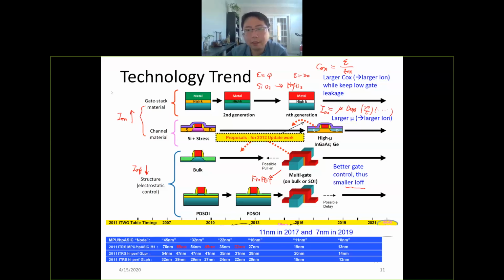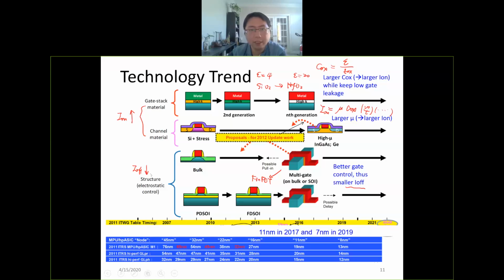The other technique is to introduce other material into the channel. So today's PMOS is typically silicon germanium alloy. It's not pure silicon. If you introduce germanium, it will increase the mobility, especially for the holes. So those are the innovations that the industry is doing to further increase the on-state current and reduce the off-state current.